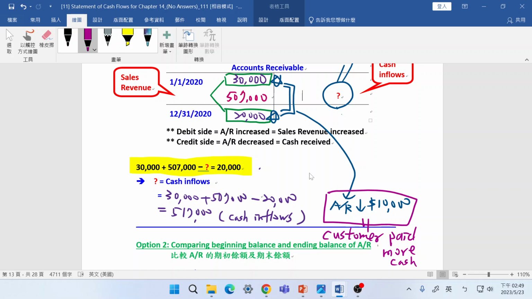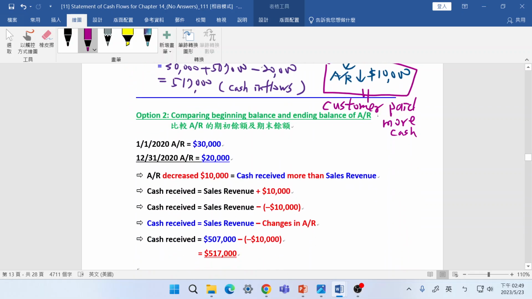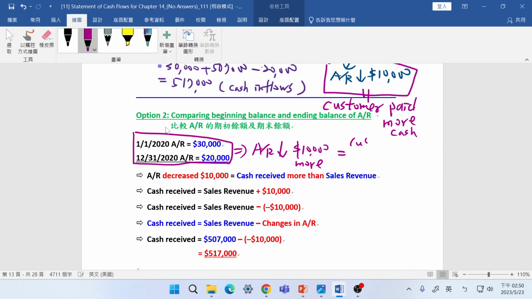Okay? So that's the second option we use. You just compare beginning and ending. You know accounts receivable decreased $10,000, which means customers paid more cash.